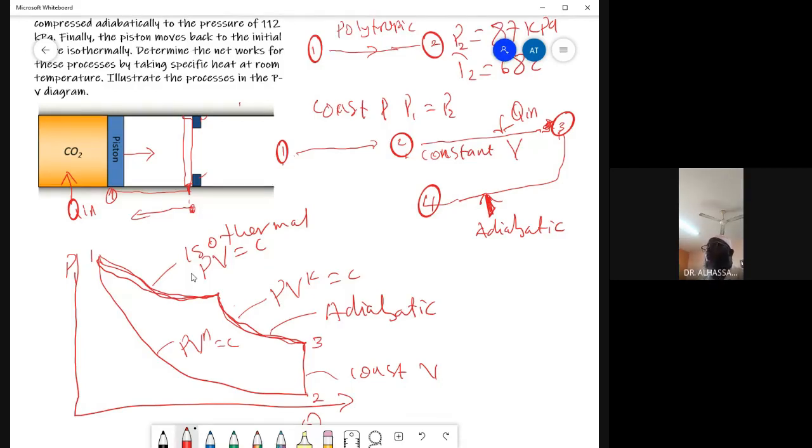Okay. So now, determine the net work for the compression process by taking specific heat at room temperature. So we want to determine the net work for these processes. What do we mean by net work?